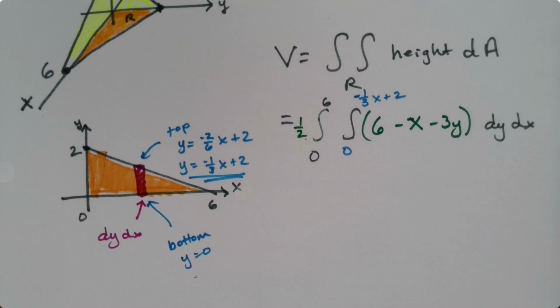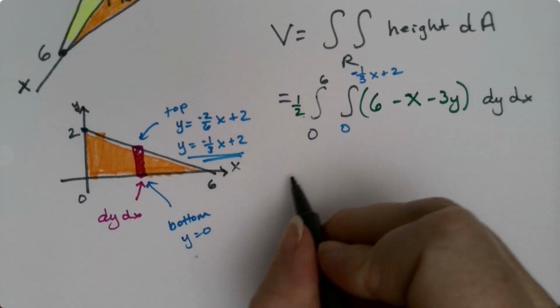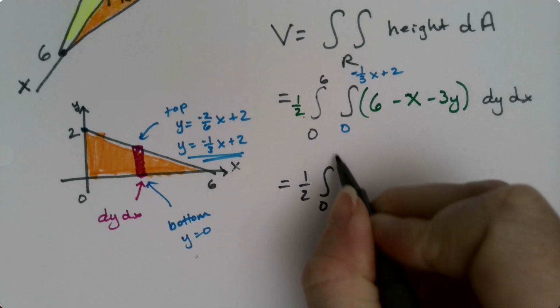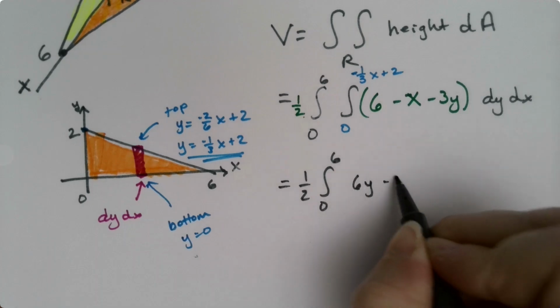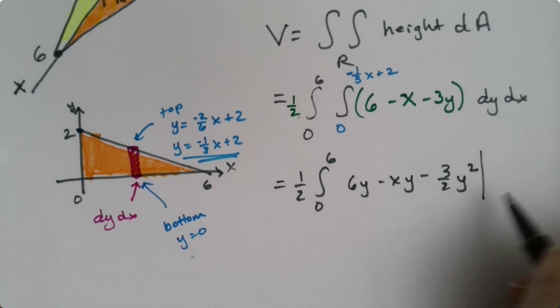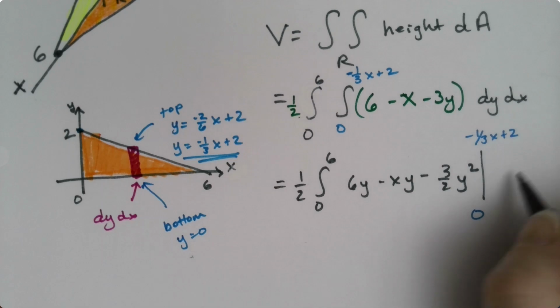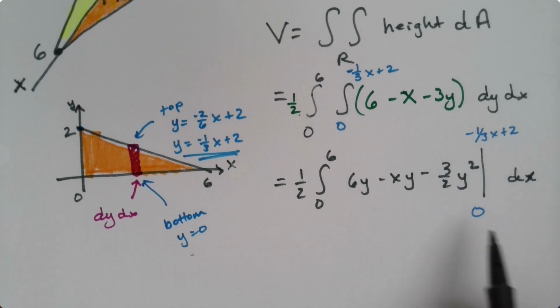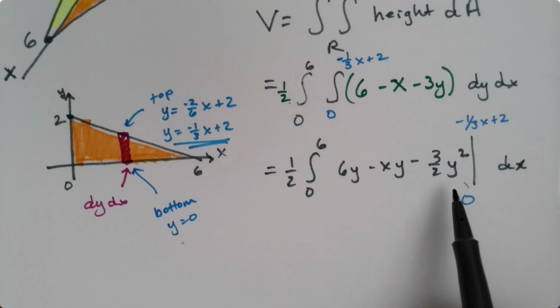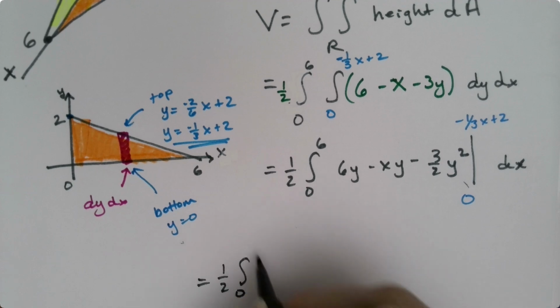All right, so now we just need to integrate with respect to y. So that would be 1/2 integral from 0 to 6 of 6y, take away xy, take away 3/2 y squared. And we're going to take that from 0 to negative 1/3 x plus 2, dx. Now, 0 going in is not going to give us anything, so we're not worried about 0 going in. So where we're going to have to show the work is that 1/2 integral from 0 to 6.